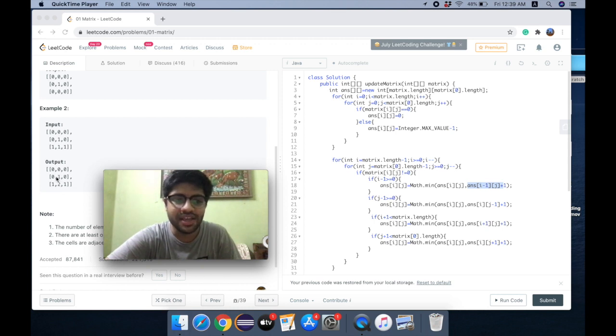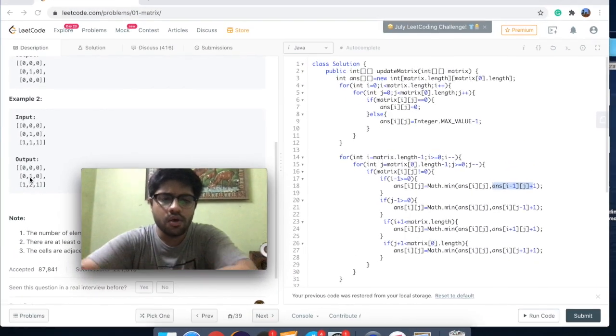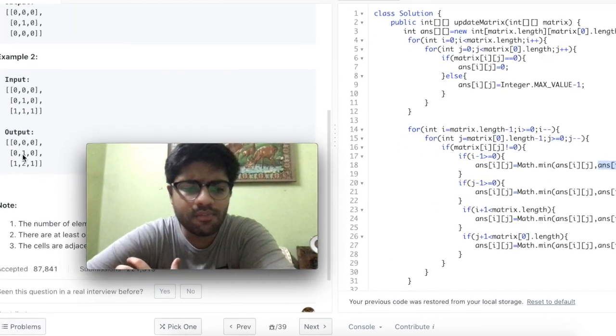We are already done with the correct answer because of the left, right and top, so we need not replace it. So I would say we will put 1 in this solution and compare it with the answer we are getting from the bottom digit. From the bottom we are getting Integer.MAX_VALUE, we have 1 here, so we'll store the minimum of those numbers. So I think you got the approach.